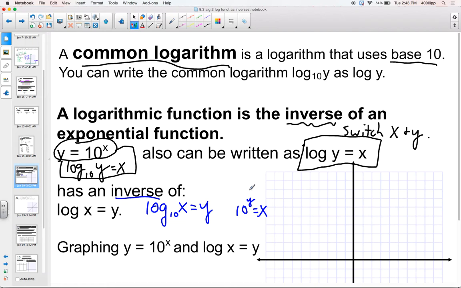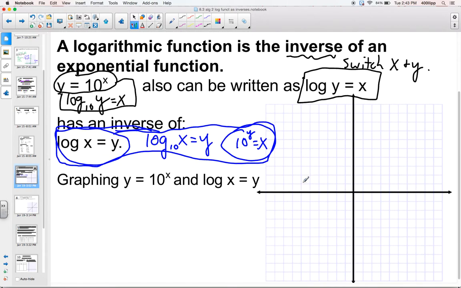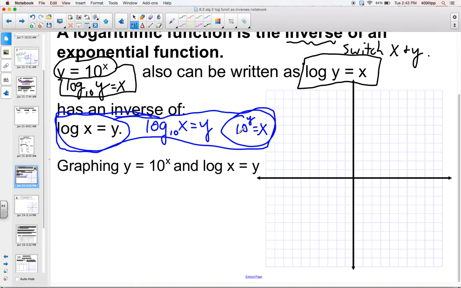Okay. So we're going to go ahead and graph log of x equals y, but I'm really just graphing this because all of these are equivalent. All of the things in blue mean the same thing. They're just in logarithmic form and exponential form. So here's what we're going to do. If you notice here, 10 to the y is equal to x.